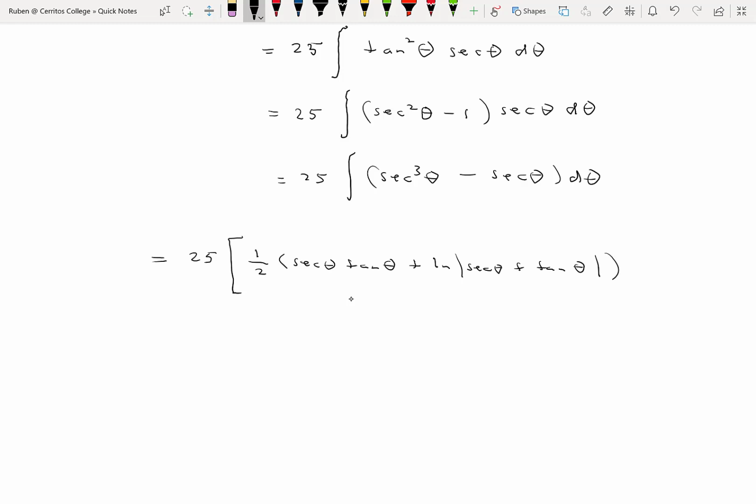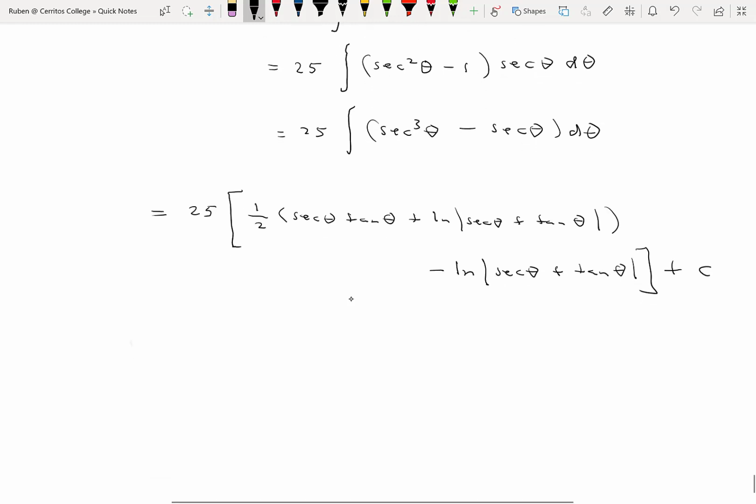And the integral of secant we memorize as the log of secant plus tangent, with a minus because of the negative there. Again, if this isn't ringing a bell for you, you ought to stop the video and remind yourself how to integrate secant cubed. Don't let this go. This is going to be very significant coming up, that you remember how to do this stuff. Okay, so plus a constant.